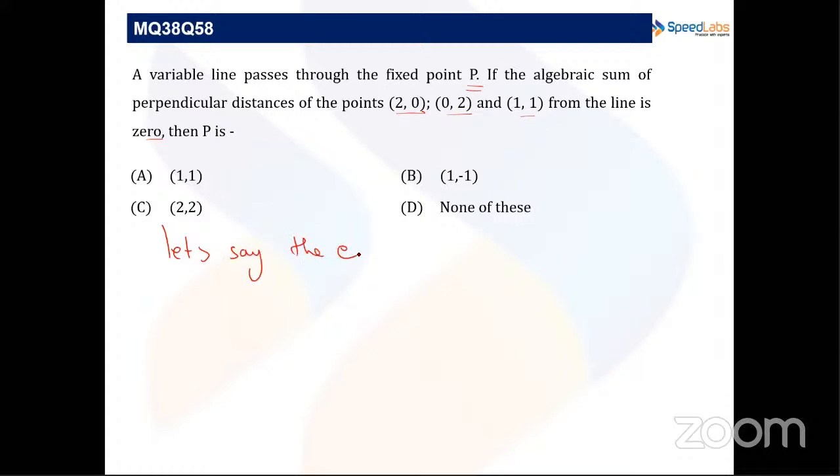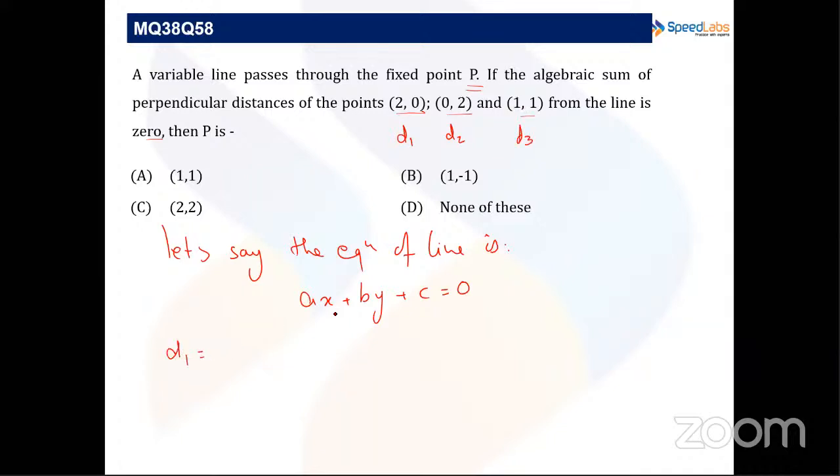So let's say the equation of line is ax plus by plus c equals to 0. Let's say this with 2, 0, its distance is d1, with 0, 2 it's d2, and with 1, 1 it is d3.